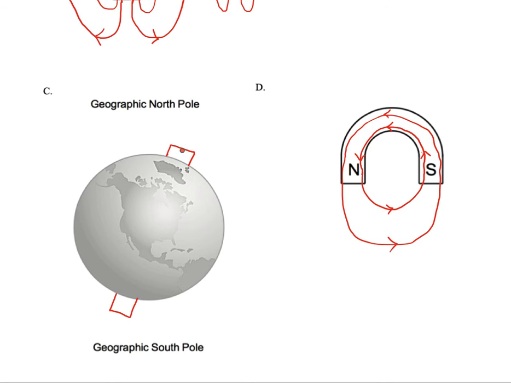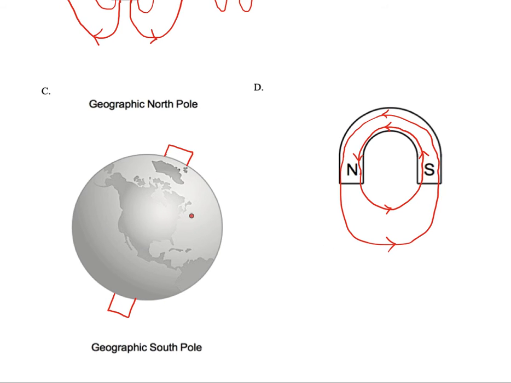But is the top a north magnetic pole or a south? Well, a device which can help us answer this question is a compass. A compass is simply a magnetized needle which is fixed so that it's able to rotate and it can point toward a certain direction. One end of the needle tends to point toward geographic north.